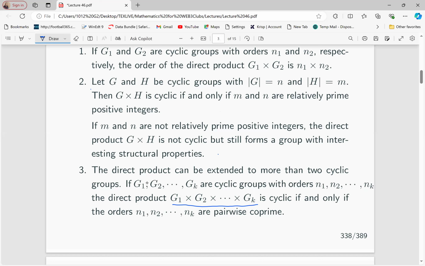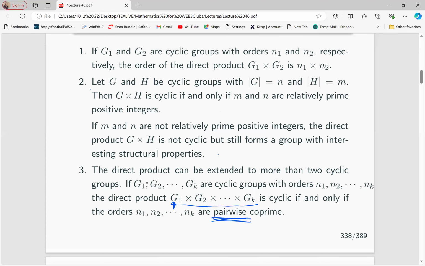To consider these several groups, we consider them pairwise. That means I will consider the order of this group and the order of this group and see if they're relatively prime. Then I'll consider this group with the next, and see if they are relatively prime, and so on.